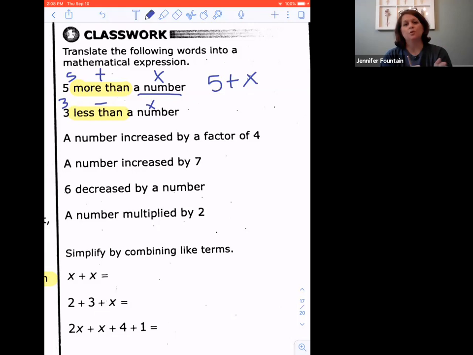If I say 3 less than a number, that means my number comes first, and then I'm taking away 3. Okay, so that means I'm going to have X minus 3. So with subtraction and division, I have to be super careful with my order. With addition and multiplication, it doesn't matter. All right, let's look at the next one.